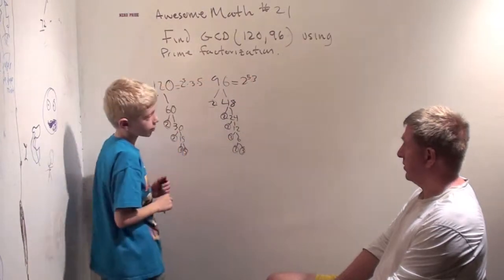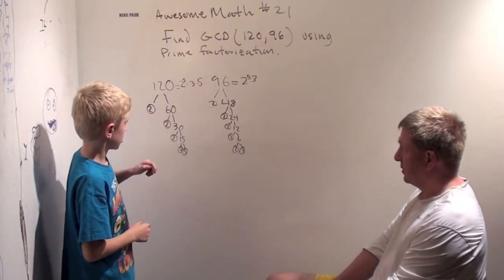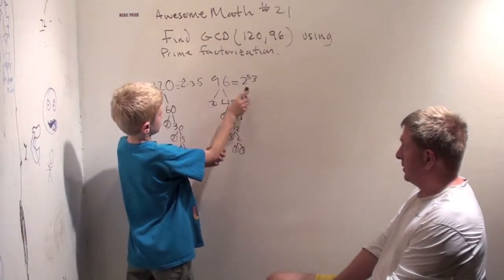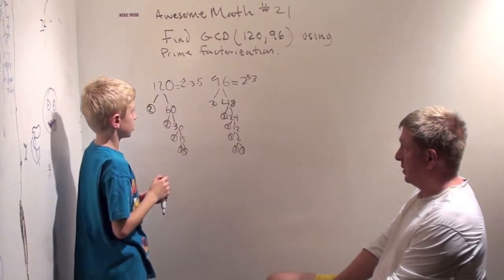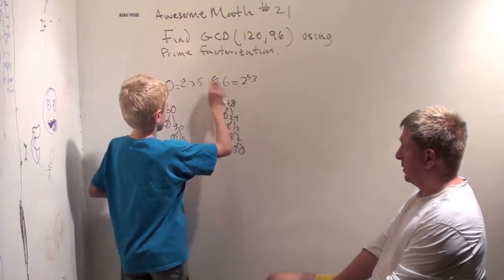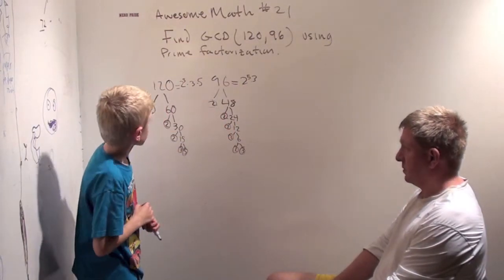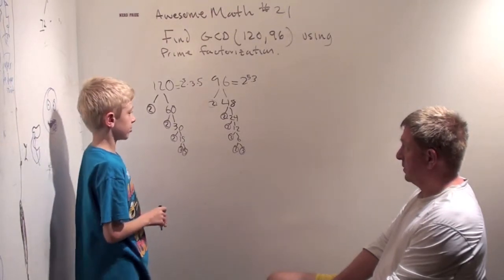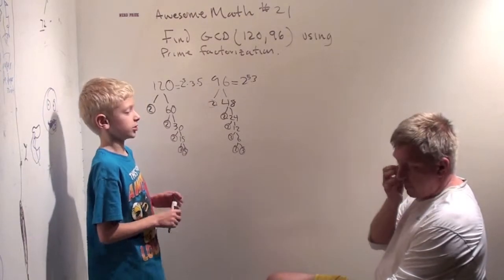Okay. So now we have to find the stuff in common here. For instance, 96 does not have a 5, like 120 has, but 96 has a 3, and 96 has a 2 to the 3rd. So the greatest common divisor would be 2 cubed times 3, which is 8 times 3, which is 24.